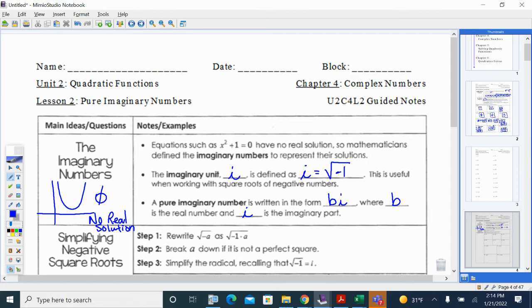The second bullet says the imaginary unit i is defined as i equals the square root of negative 1. This is useful when working with square roots of negative numbers. The third bullet says that a pure imaginary number is written in the form bi, where b is the real number and i is the imaginary part.